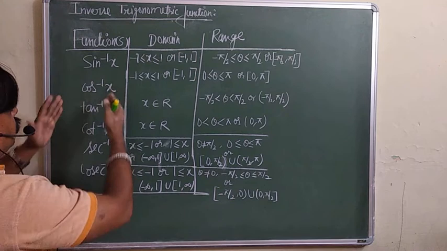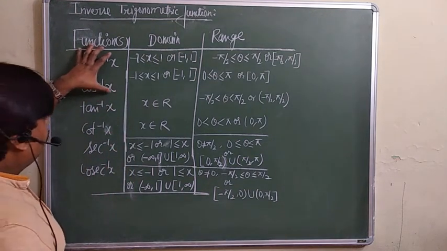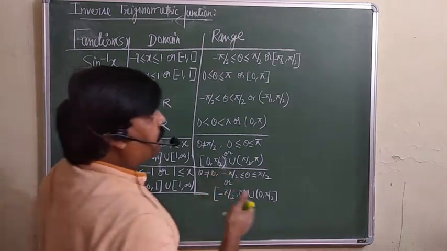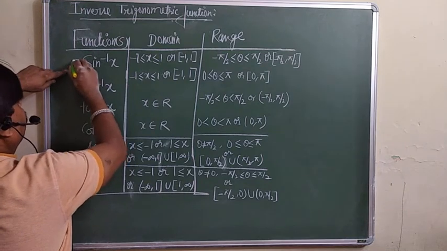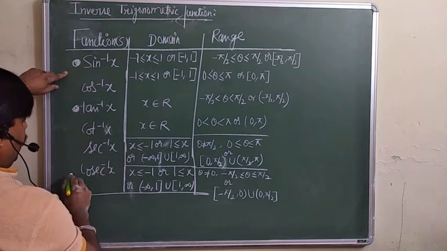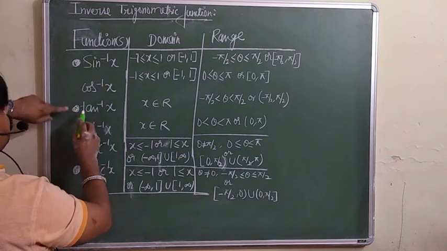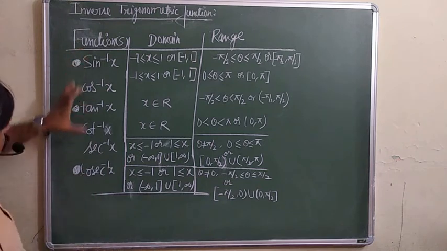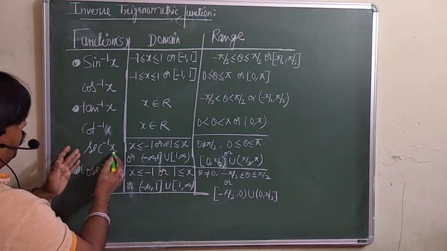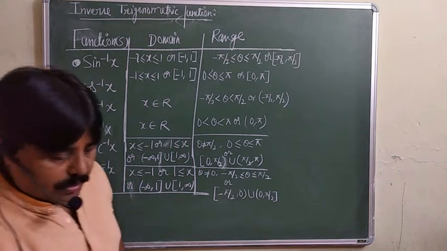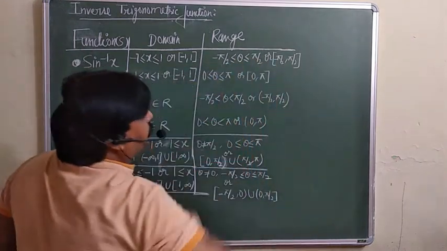Sin inverse, cos inverse, tan, cot, sec, cosec inverse, these six are in groups. Sin, tan and cosec are in one group, and cos inverse, cot inverse and sec inverse x are in one group. How can you remember this?